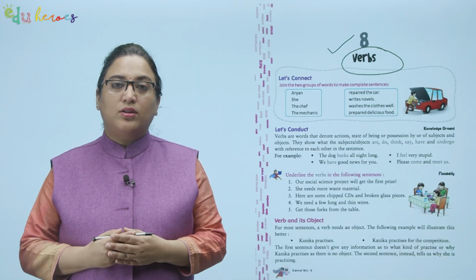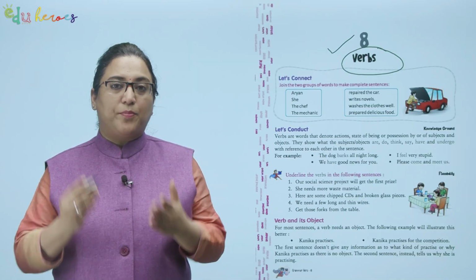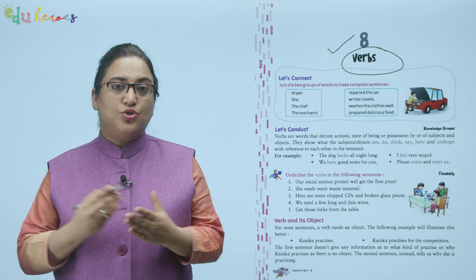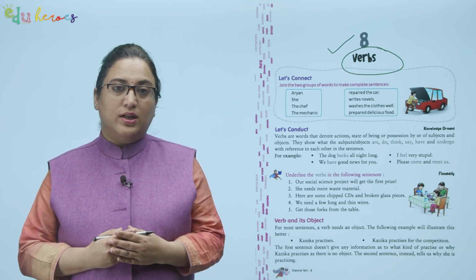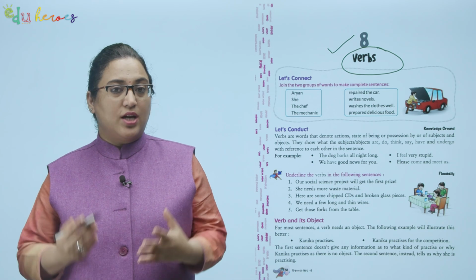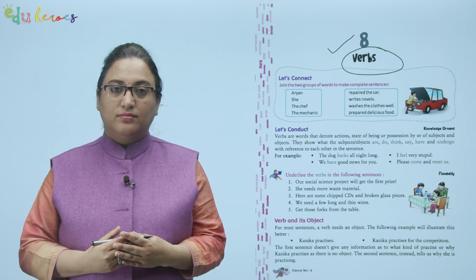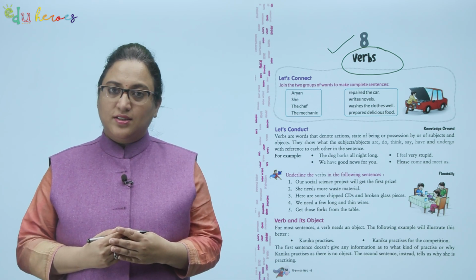Children, have a look at these words given in two separate boxes. Try to join them to make complete sentences. In the first box we have words like Aryan, she, the chef, the mechanic. These look like subjects, isn't it?